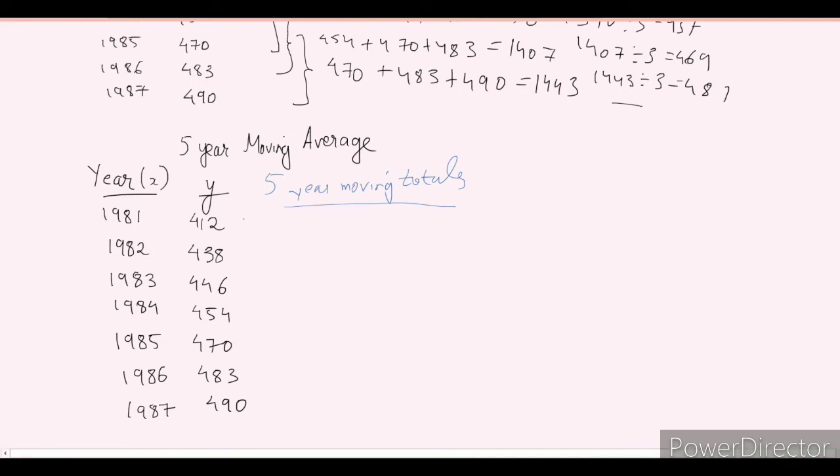1981, 82, 83, 84, 85, and 1983 is the middle year. The total will be placed against this year, or we can say you're finding the trend value for this year. 412 plus 438 plus 446 plus 454 plus 470, and what you get is 2220.